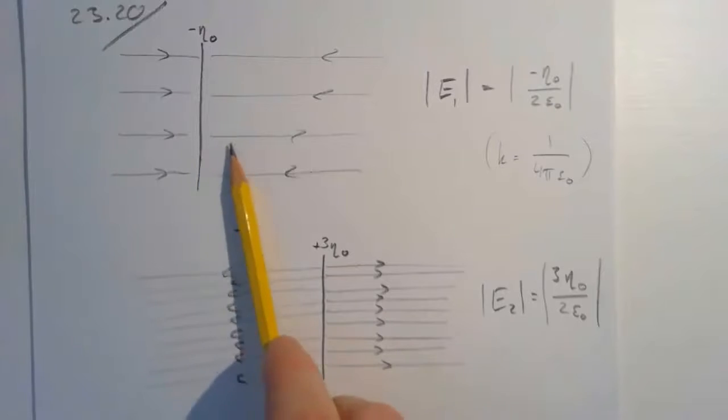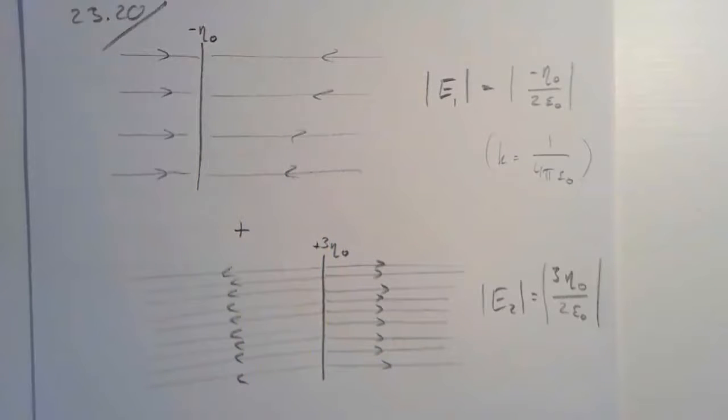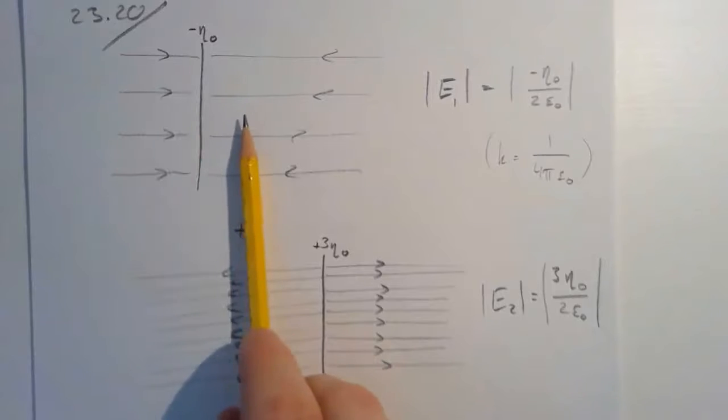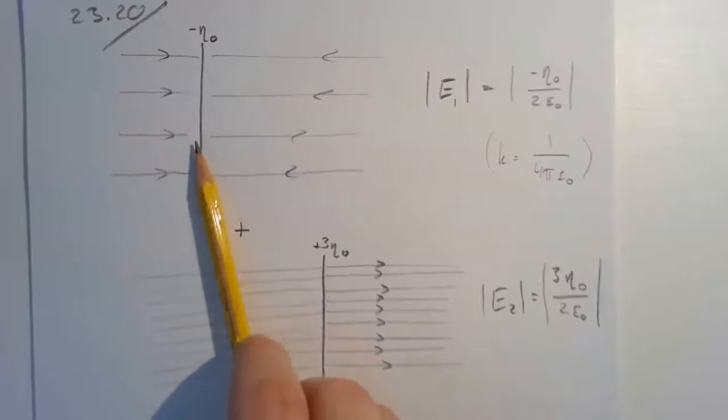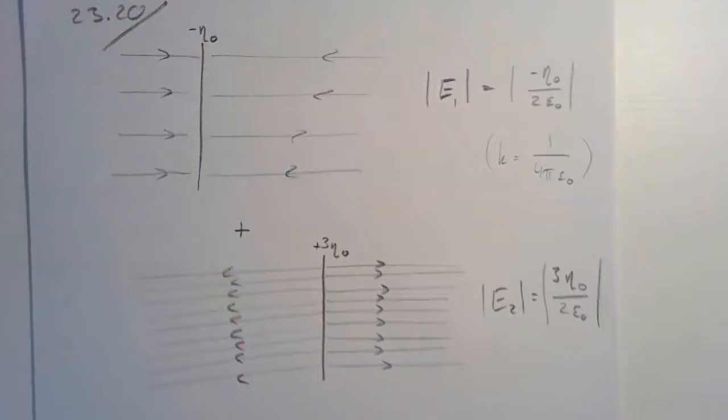And it doesn't get weaker as you get further away, at least not for an infinite sheet. Or if it's a finite sized sheet, at least it's approximately the same as long as you stay close to the sheet. So it doesn't fall off as 1 over r or 1 over r squared or anything like that. It's just a constant strength.